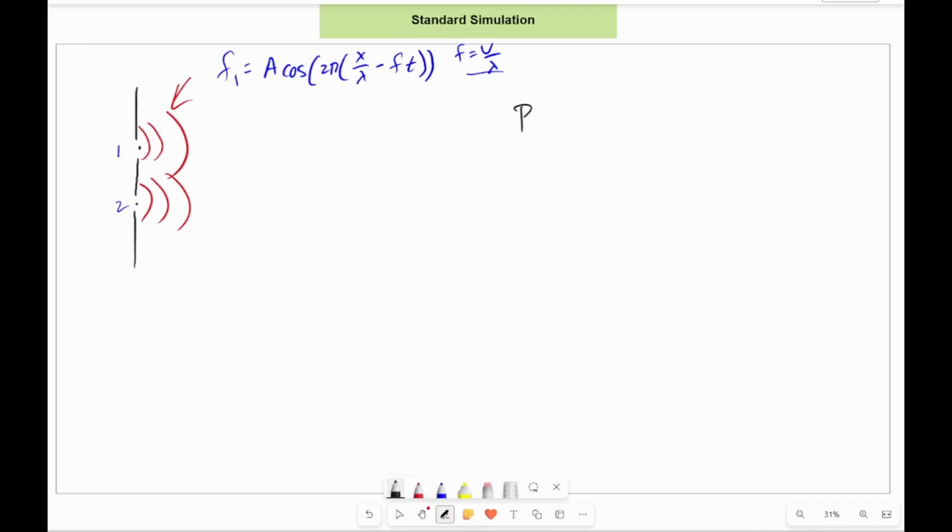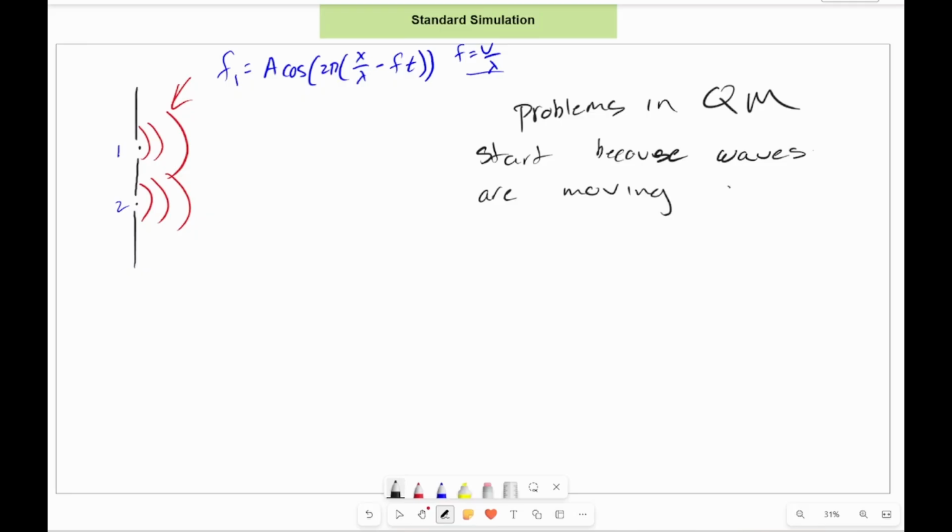Okay, so the problems in quantum mechanics start here. This is where we start to get into problems with interpreting this in a real sense, because in order to solve this, we have a wave that's moving at v, the velocity of the particle.